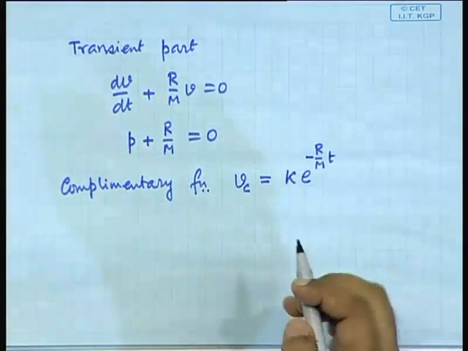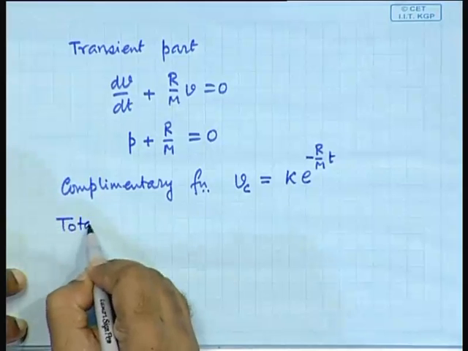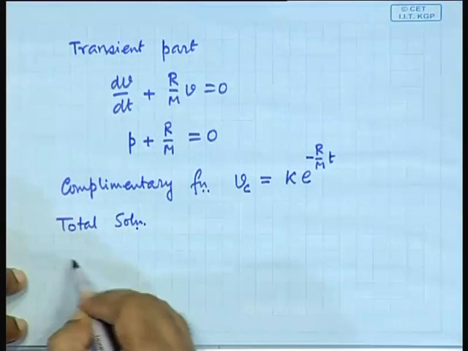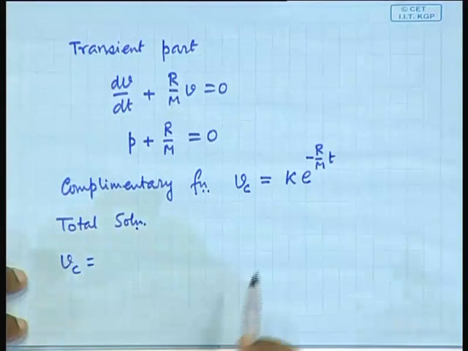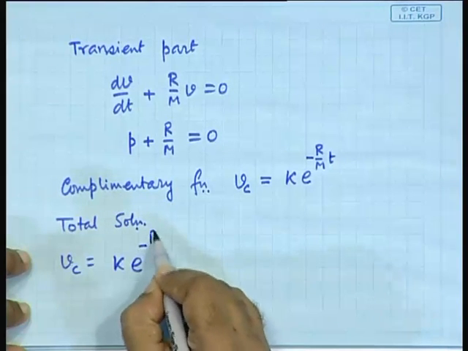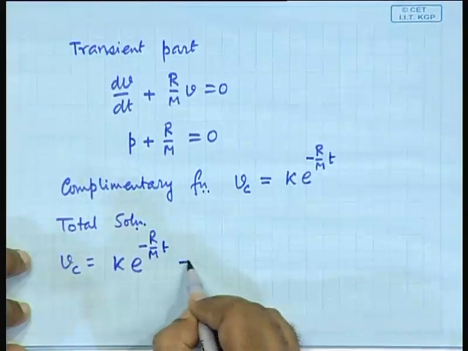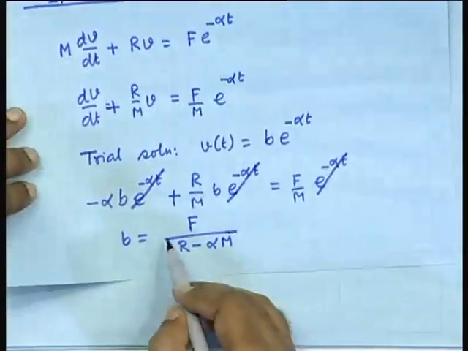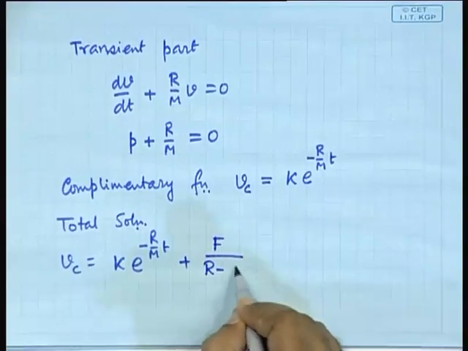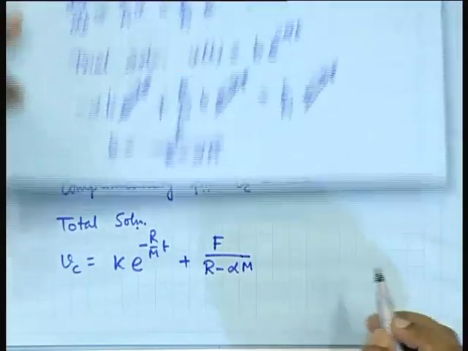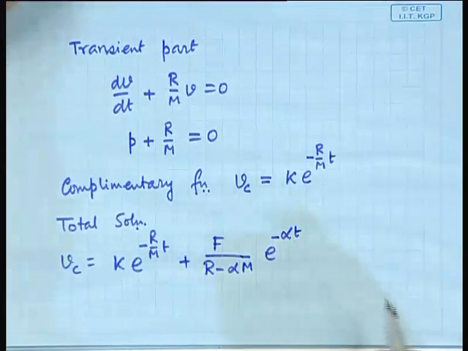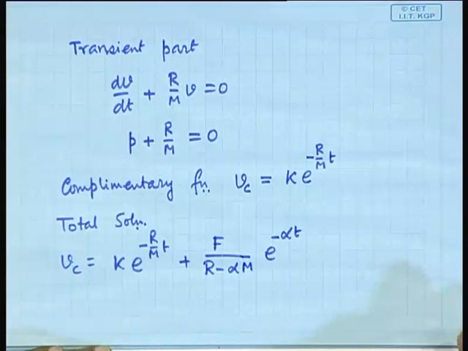Okay, first let us write the total solution. The total solution is k e to the power minus r by m t plus b, which is f by r minus alpha m times e to the power minus alpha t, right.